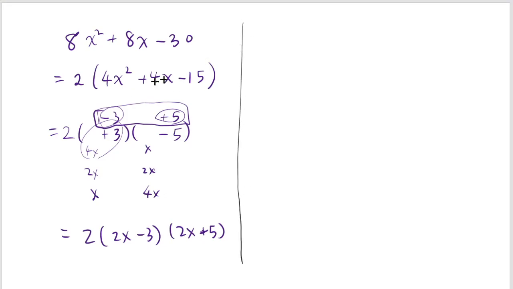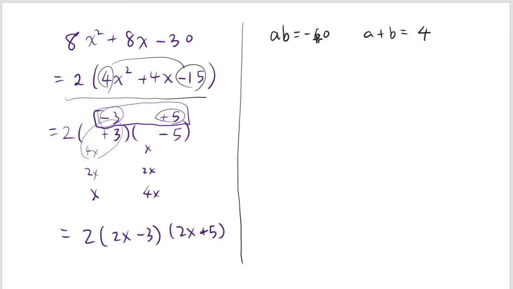Okay, so up till here it's the same thing, but we multiply 4 and negative 15. We multiply them. 4 times 15 is 60. So we're looking for two numbers whose product is negative 60 and whose summation is 4. Now, because negative 60 is a negative number, we know that one number is negative and the other number is positive, right? So we're looking for 60.